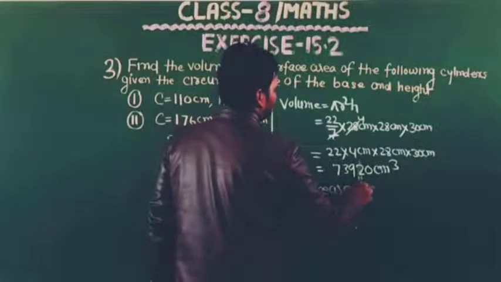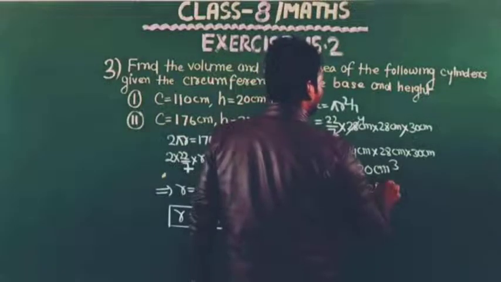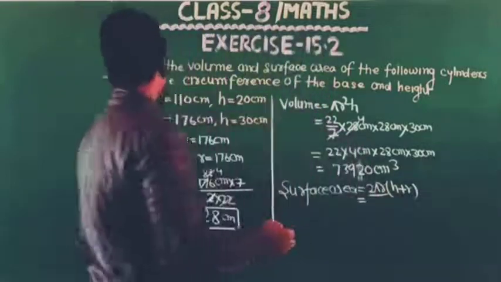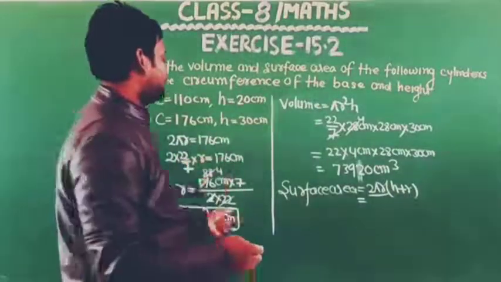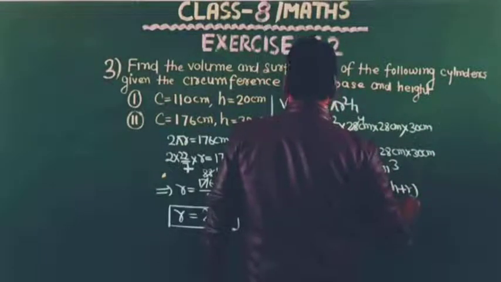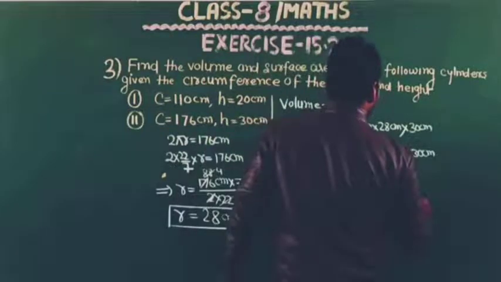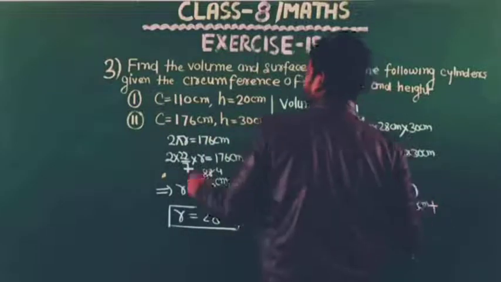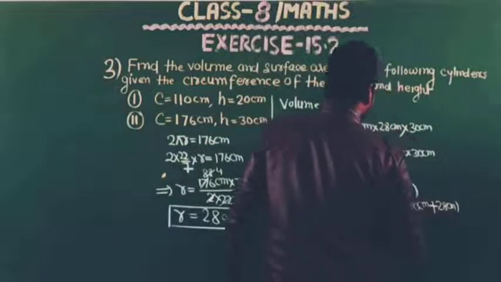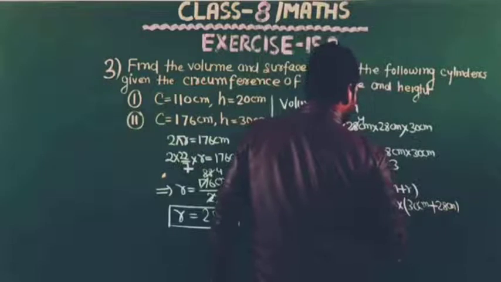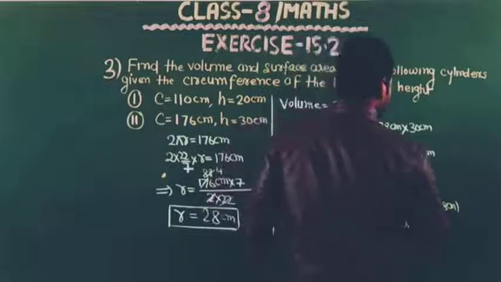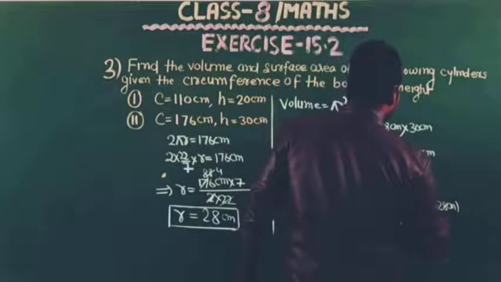And the surface area is calculated by using the formula 2 pi r into h plus r. So here, substitute the value of 2 pi r directly, which is 176 centimeter into h, which is 30 centimeter, plus radius 28 centimeter. So this is 176 centimeter into 58 centimeter.